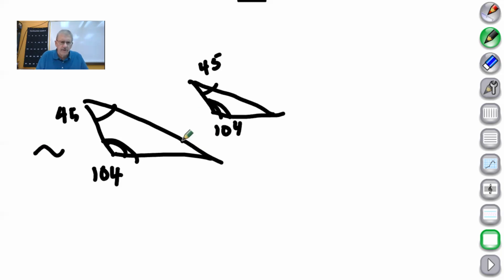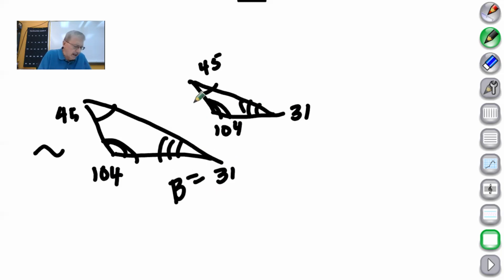And finally, they use 3 lines here to designate this angle and show that it is similar to it. And this was 31, so this has to be 31. So if we give them letters, we know B has to be 31, and we know N has to be 45, because they correspond to each other.